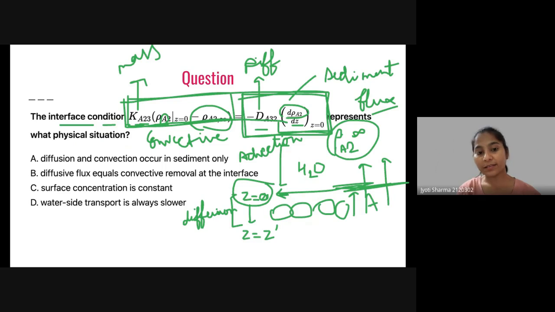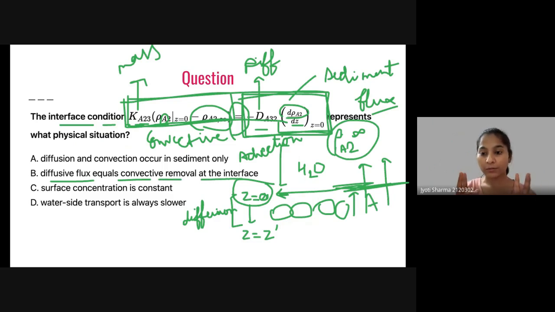What we are saying is that whatever is coming from the sediment side is taken up by the water side and removed. If we say the two are equal, then there is no accumulation. So the flux at the sediment side and at the water side is equal. So answer B will be the right one: diffusive flux equals convective removal at the interface.